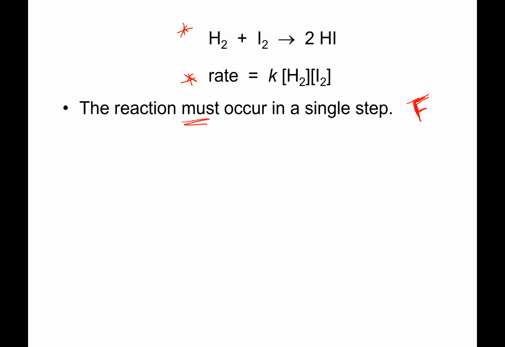The answer is false because it says it must, and it does not have to, but it might. It might not. If the word was might, this reaction might occur in a single step, I'd say true.